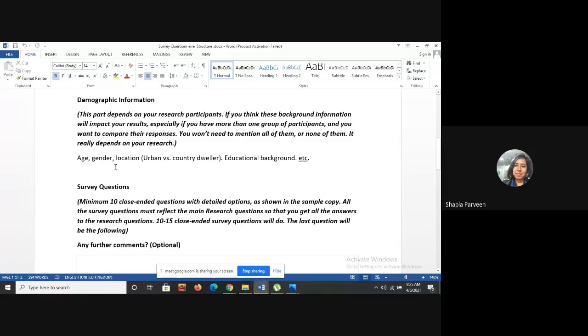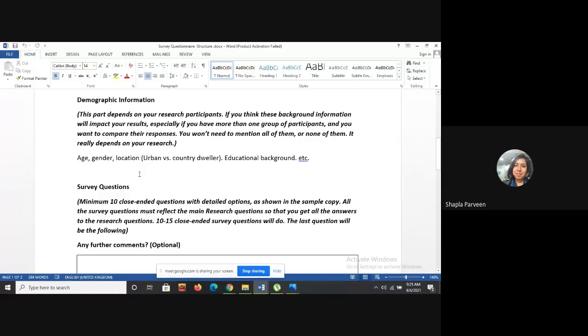Then again, gender. If you have two groups of participants, male versus female, then again, you can have two boxes, male for one and female for the other, then the respondents can tick any one. So in this case, if you want to compare the male responses with the female responses, then gender will be needed.